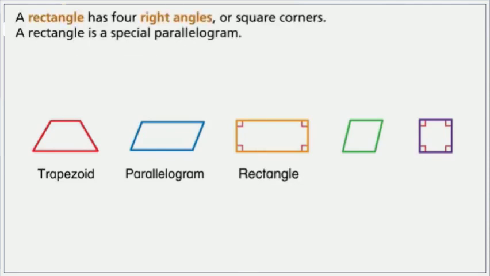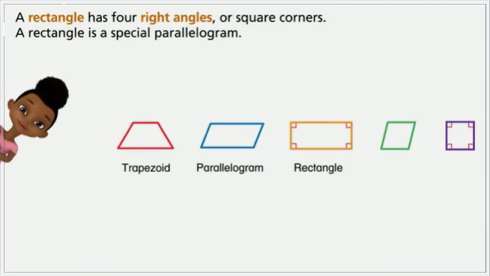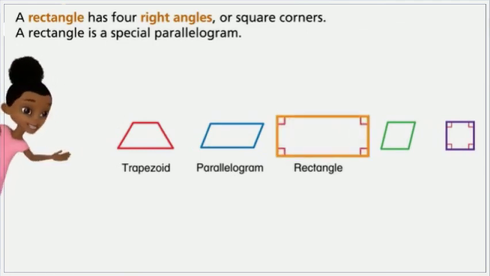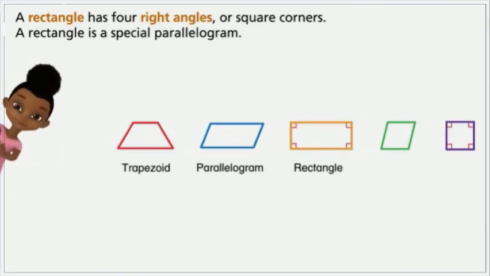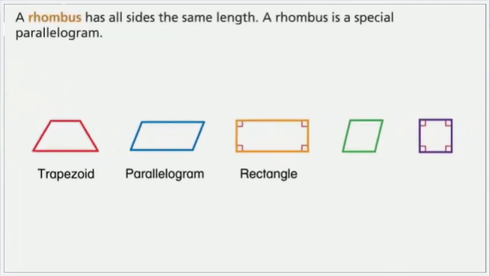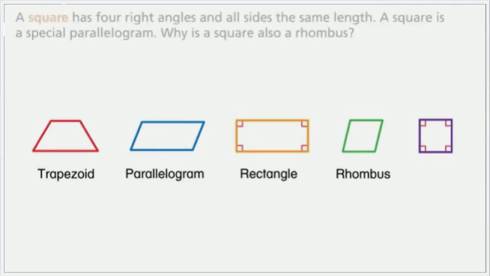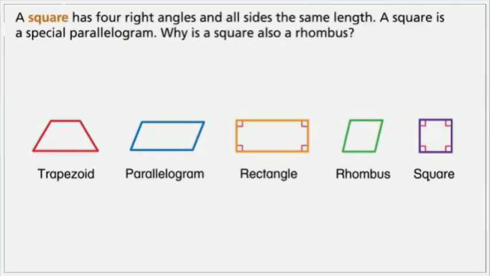A rectangle has 4 right angles, or square corners. A rectangle is a special parallelogram. That means any rectangle is also a parallelogram. A rhombus has all sides the same length. A rhombus is a special parallelogram. A square has 4 right angles and all sides the same length.